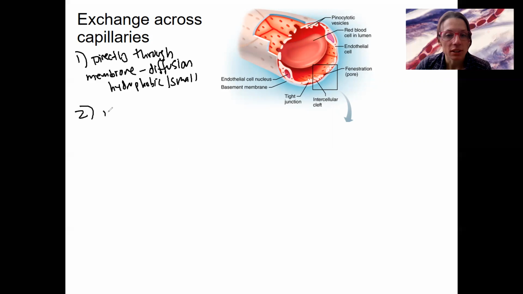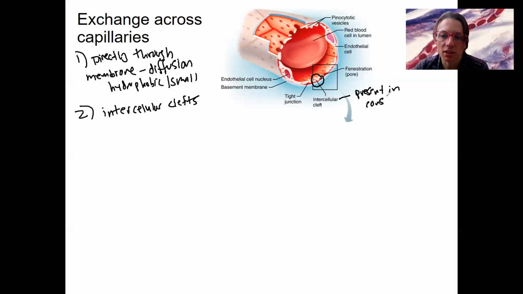2, we can go through these intercellular clefts. That's right here. So these are the small spaces in between adjacent cells, even in continuous capillaries. So there's some variability there. So these are present even in continuous capillaries. They're smaller than pores. They're not actually like pores, they're just clefts.